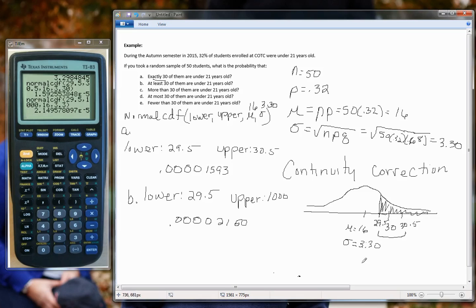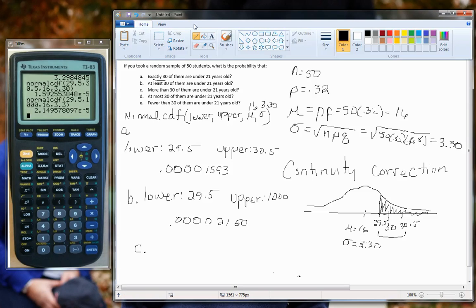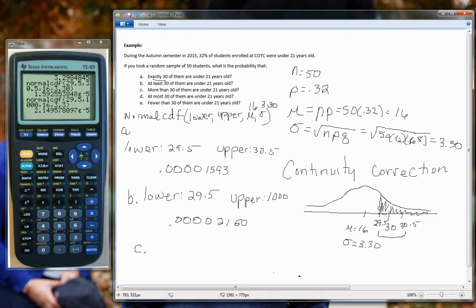But for at least 30, or at least whatever, you would go down to the continuity correction, and then you would want everything above it. Now, what if it says more than 30? More than 30 means we want 31 students being over 21, 32, and like it says, more than 30. We're not going to include 30. So let me carefully erase what I shaded here.